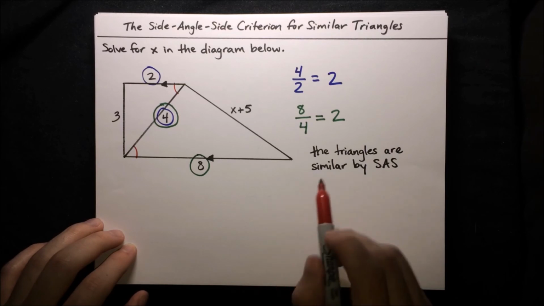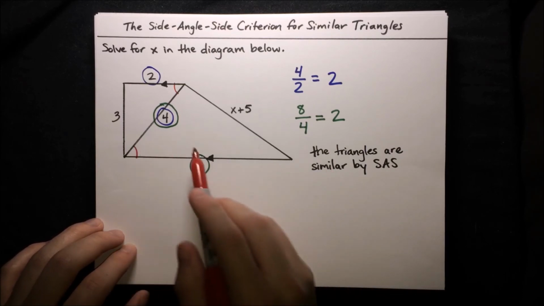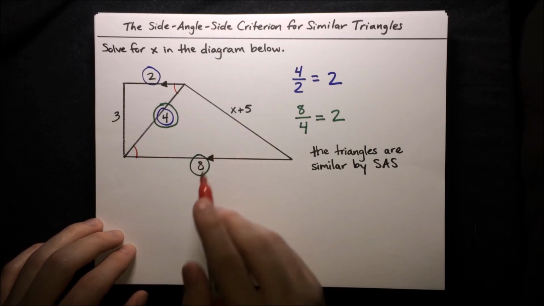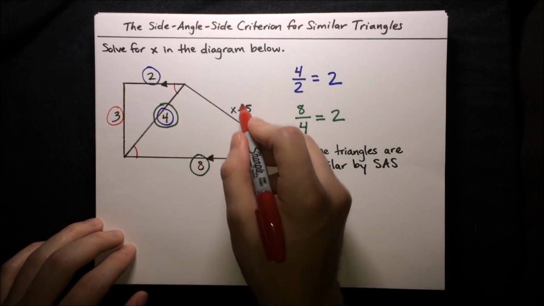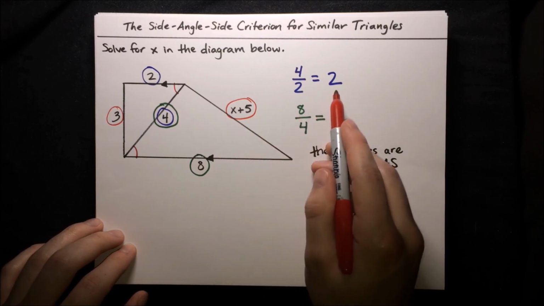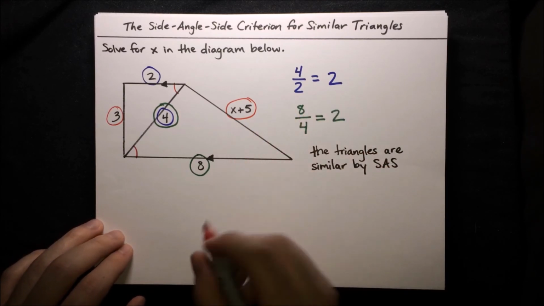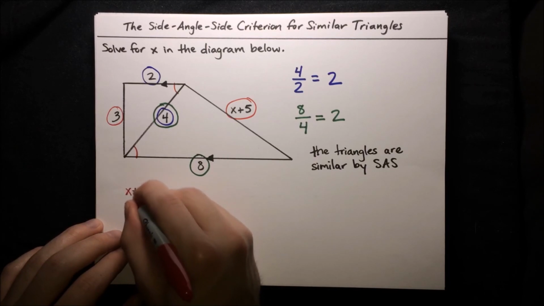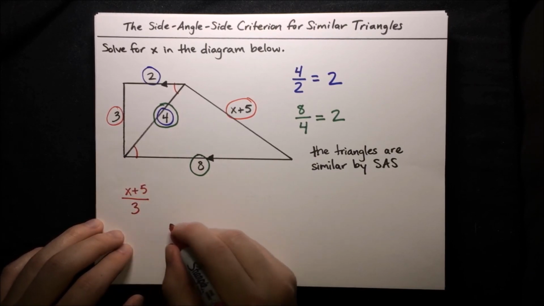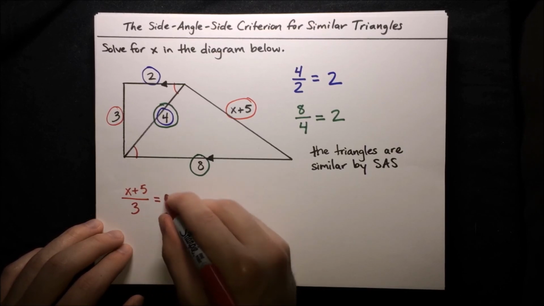And we know that in similar triangles, all of the pairs of corresponding sides have the same length ratio. So that other pair of corresponding sides, 3 and x plus 5, needs to have a length ratio of 2. We can use that to set up an equation: the length of the bigger triangle, x plus 5, divided by the length of the smaller triangle, 3, has to be equal to 2.